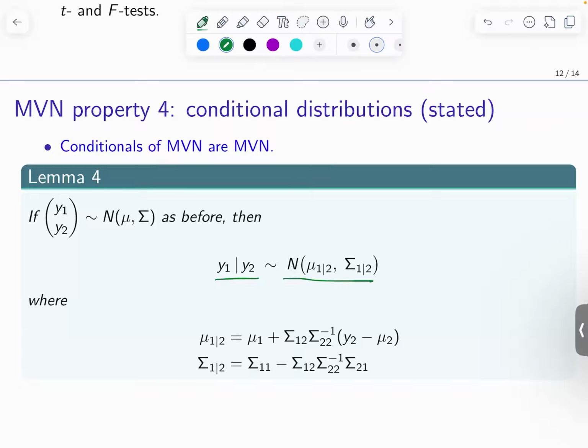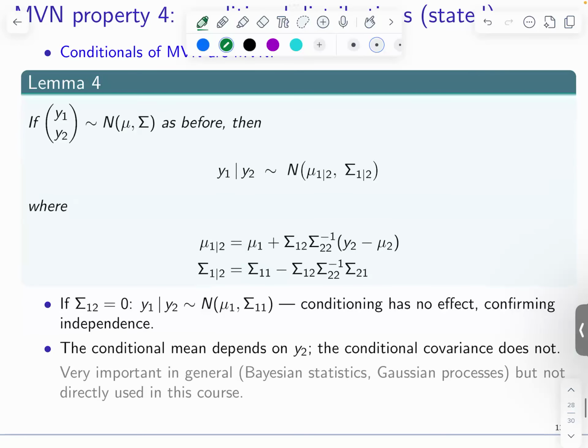I just have to specify the mean and the covariance matrix, and they're not obvious, but there are formulas for them. This allows you to do a lot of interesting things, which we don't do here, but if you go on to statistics or Gaussian processes or other advanced topics, this is useful. Okay, so we'll continue next time, talking a little bit about this, and then move on to the issues. Thank you.